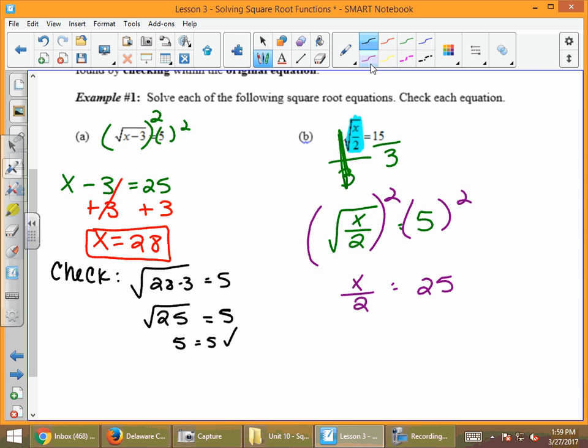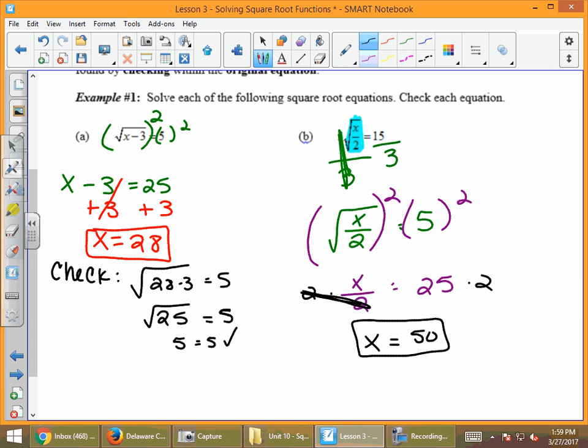Now we're just back to that basic equation to solve. How are we going to solve for x? Times 2 on both sides. 1 over 2 times 2. That way they cancel. And 25 times 2 is 50. So x is equal to 50.